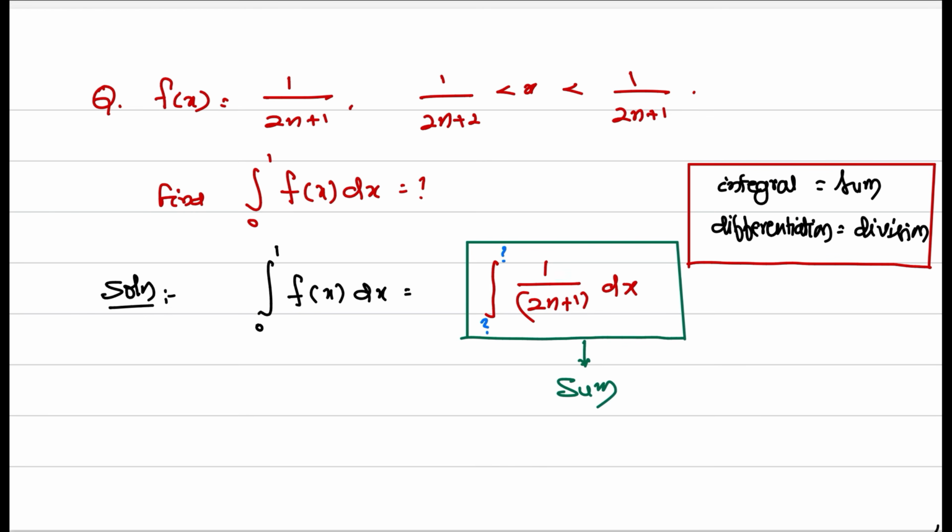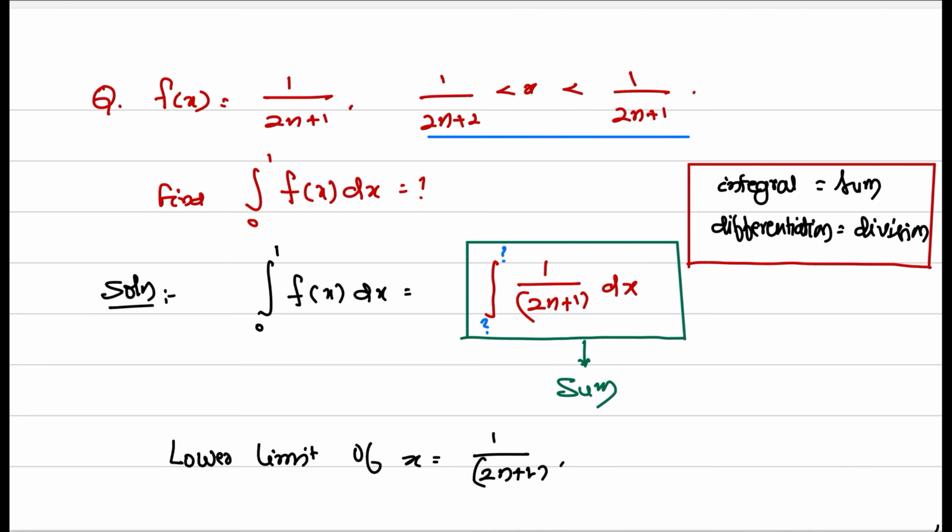These two I have to define. For x, it is given, the lower limit of x is equal to 1 by 2n plus 2. What is the upper limit?